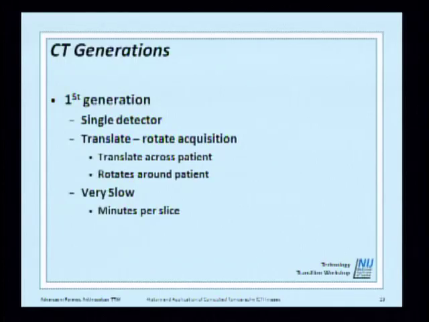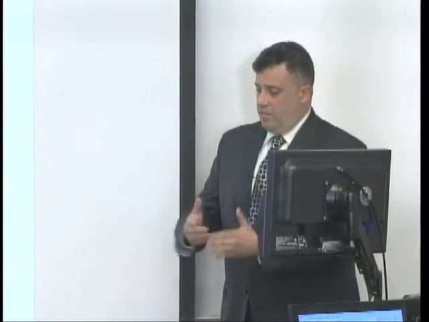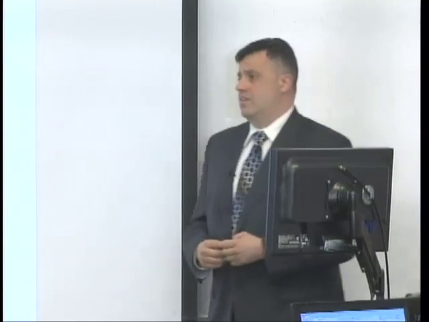So we have the first generation of CTs, and I don't think any of them exist. If they exist, they used to call them CAT at the time, actually computerized axial tomography. You don't hear this name anymore. It was basically a single detector that translates linearly and rotates around the patient, and it was very slow and took time.